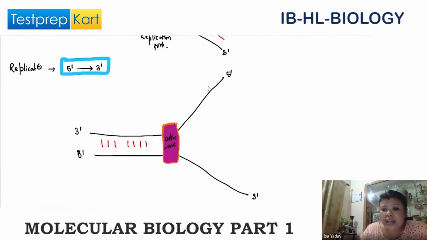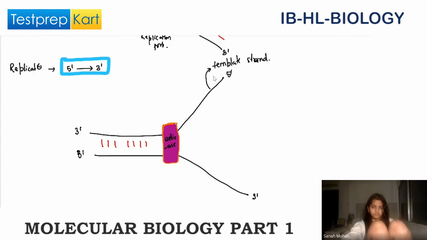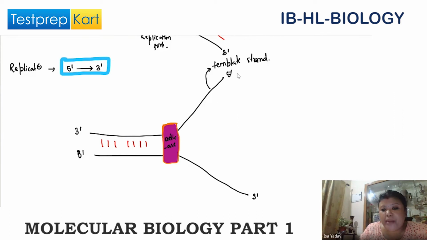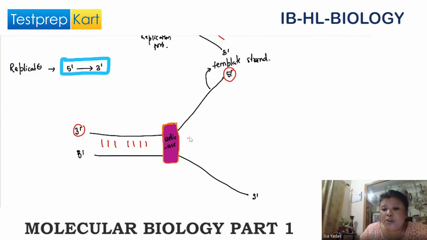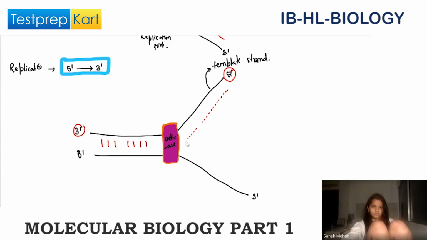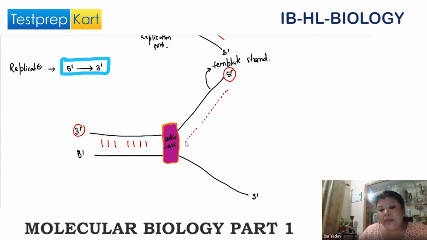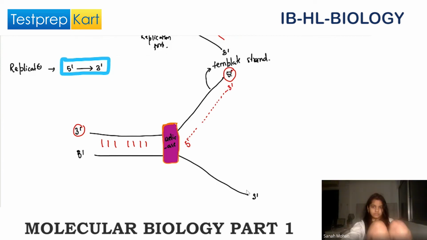Isn't this the template strand, or the old strand? This is in which direction? 3 prime to 5 prime. So if I am forming a new strand, this will be in which direction? 5 prime to 3 prime. This will be 5 prime, and here it will be 3 prime, right? What about this?